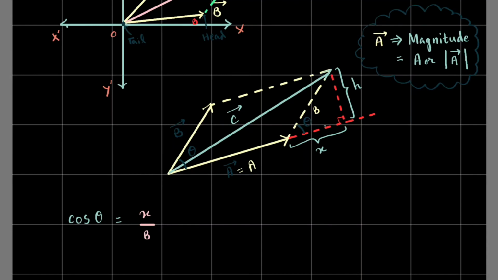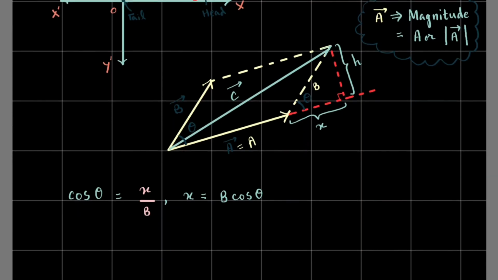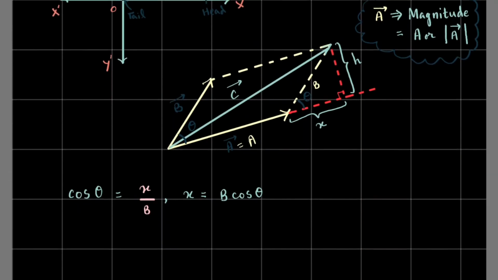So cos theta is x by b. Can we rearrange it? Yes, of course we can. We can say that x equals b cos theta, right? It's just cross multiplication. It's nothing too difficult or abstruse about it.